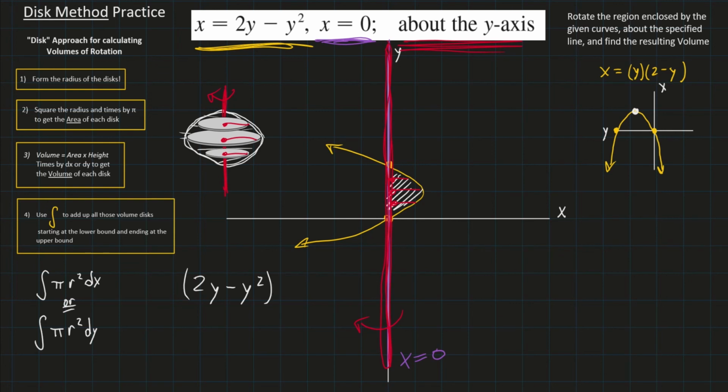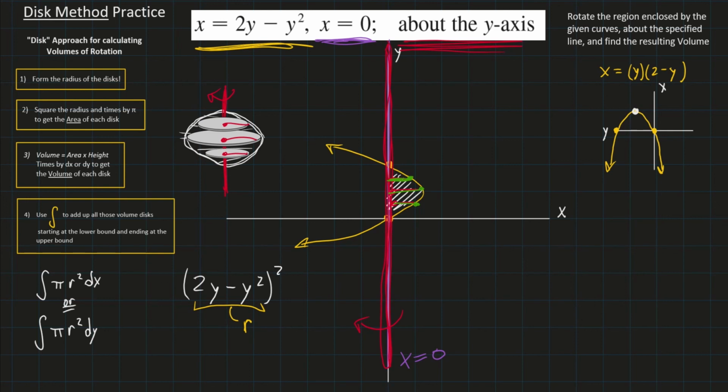This equation gives me the x coordinates of these points. So I plug in a y to that equation and it gives me the x coordinate of a point on this orange curve. And it looks like those x coordinates are exactly what I need. So, didn't have to do any crazy modifications there. Plug in a y and out comes the x, which is the r of the disk at that y.